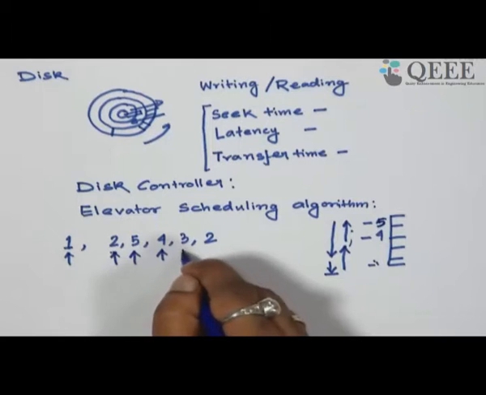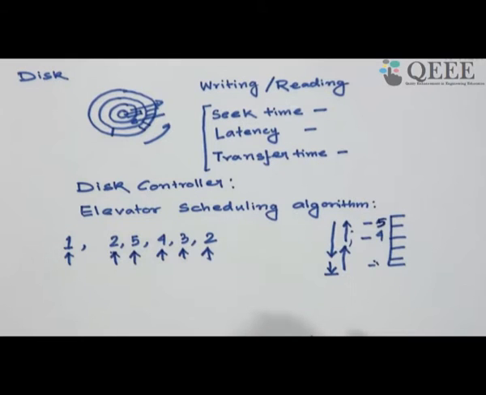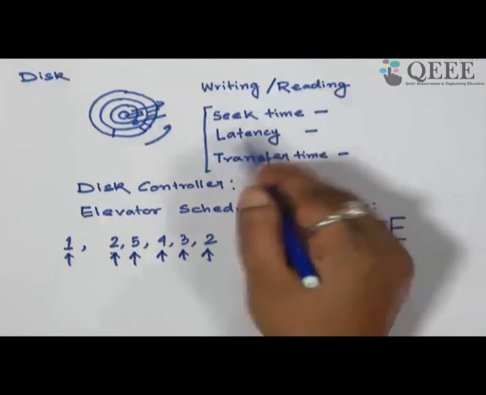In between it has 3, serve 3, but it will never serve 2. It will come back again and then serve 2. Okay. So in this way it will do. So this is the elevator scheduling algorithm. This is implemented and shown to give the optimal, the minimum average time required to process it.